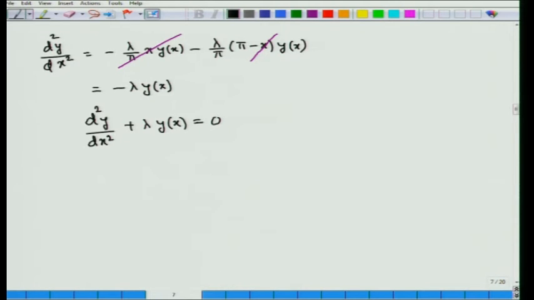Now, in order to find the boundary conditions, we have to use the given problem after substituting the kernels.